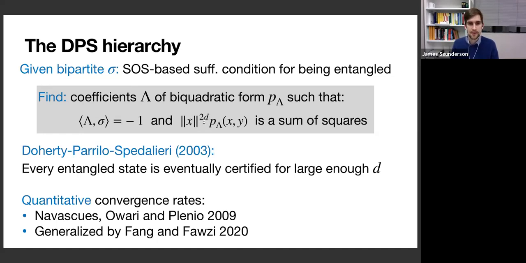All right. And so, one of the main results of this paper, the DPS paper, is that in fact, if you give me any entangled state and I choose a large enough degree D, then this expression will be a sum of squares, and I will be able to certify its entanglement by solving this feasibility problem, which is a semi-definite programming feasibility problem.